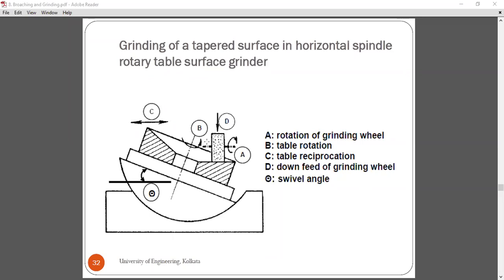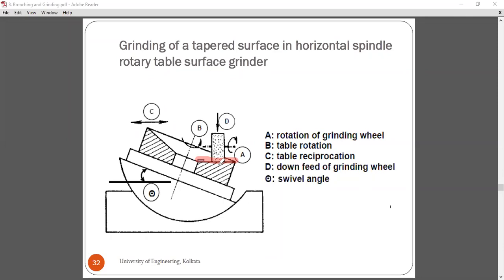So in that case, what you can do is you can use a horizontal spindle grinding wheel and a rotary table surface grinder in such a manner that this surface can come in contact with the grinding wheel, which is parallel to the axis, and the material will be removed from this surface.